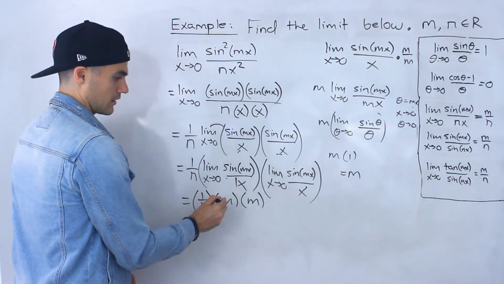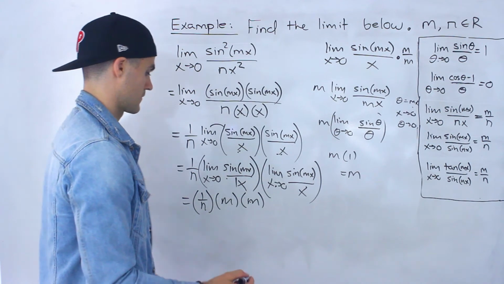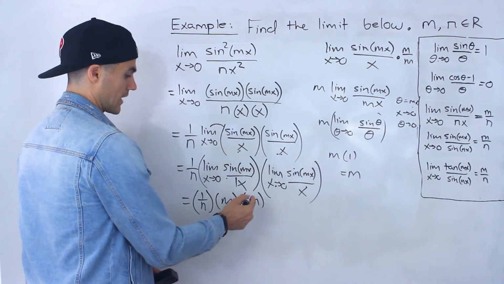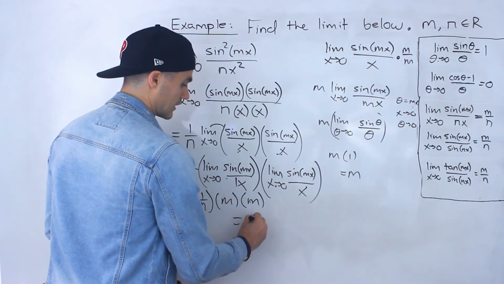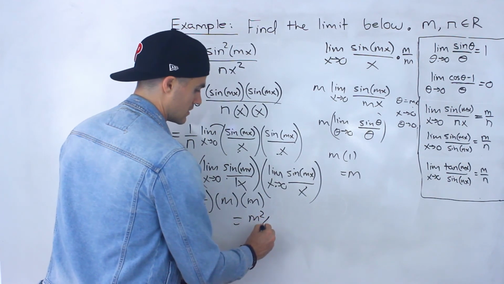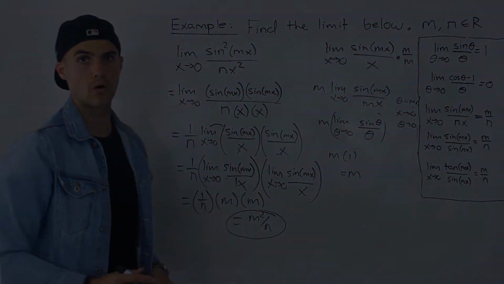So to go from here to here, it's this work right there. And now when you multiply these out, you'd have m times m, which is m squared, and then m squared times 1 over n gives us m squared over n. So this ends up being the final answer for that limit.